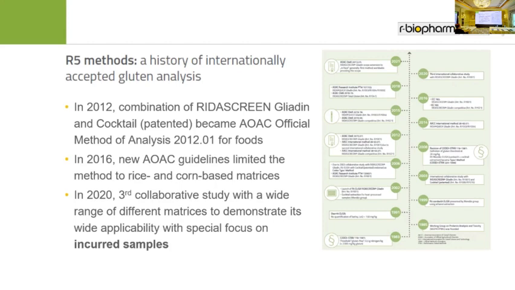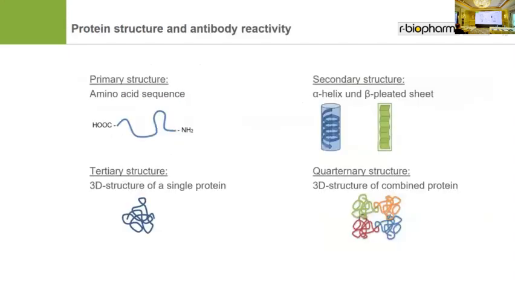And let's go back to our university time, the lessons that we had about proteins and the protein structure. And we learned at that time that we have different protein structures. The primary structure is the amino acid sequence of a protein. So the amino acid chain may fold to secondary structures, the alpha helix or beta pleated sheet.